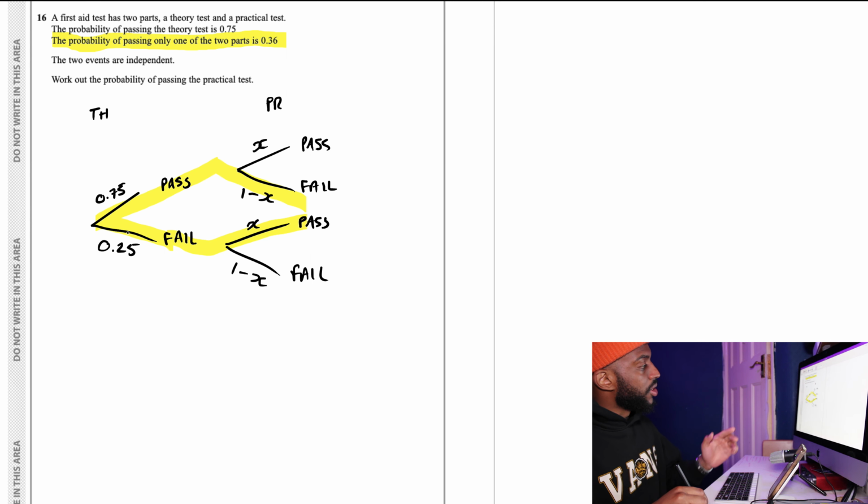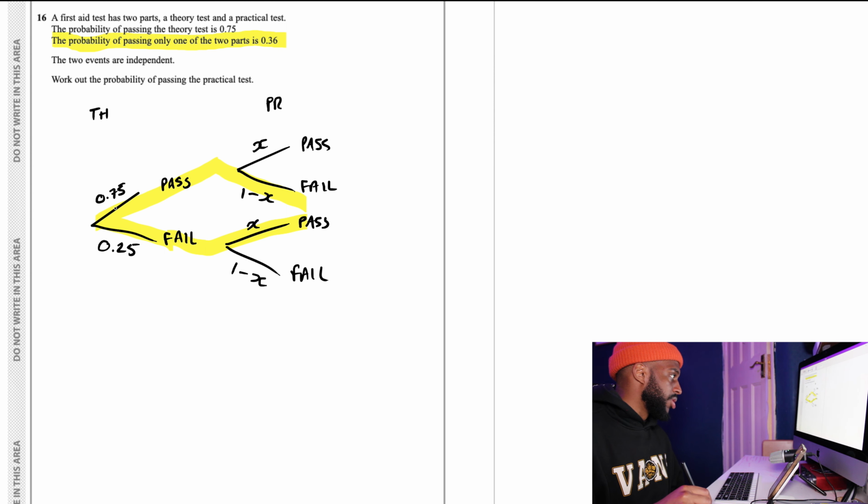So when we go along the branches, we times, and at the end we're going to total them up and see, and that should be equal to 0.36, and then we'll be able to create an equation to find the value of x.